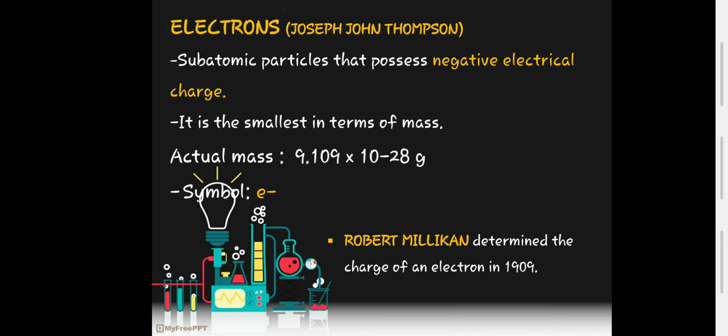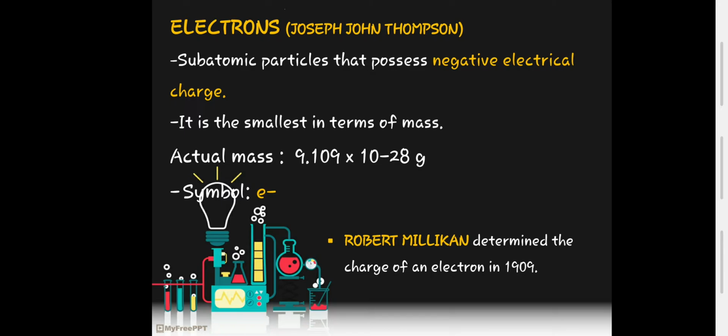So the exact mass of an electron is 9.109 times 10 to the negative 28 gram. The symbol of an electron is a small letter e with the negative sign. Always remember that.